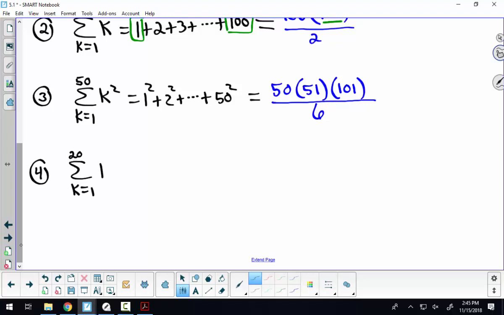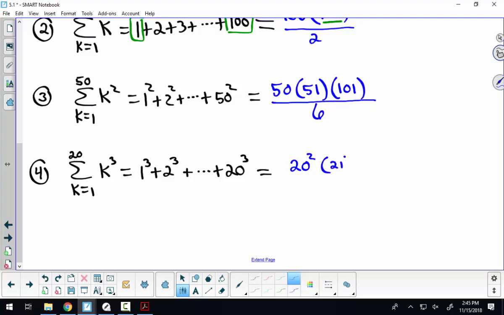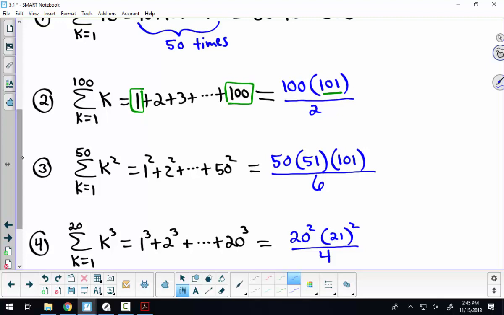So for 1 to 20 of all of the cubes, that would be equal to 20 squared times 21 squared, all over 4. So that's how those things work.